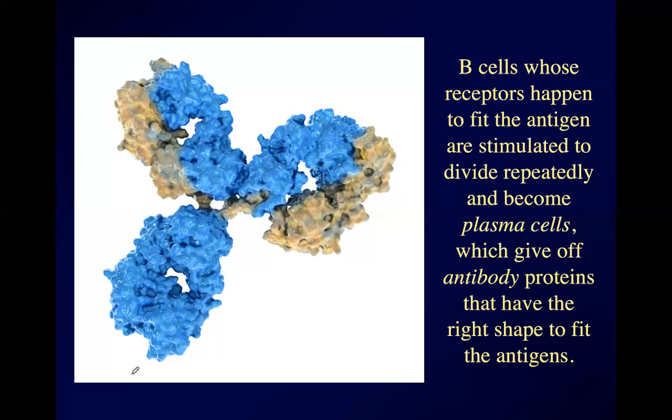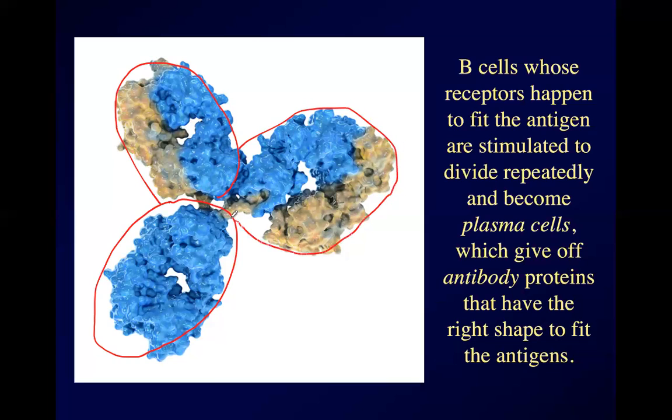Plasma cells produce ridiculously large amounts of antibody proteins, and this is what an antibody looks like. They're often diagrammed as looking like little letters Y, because they've got a stem right here, and then these forked parts there and there.